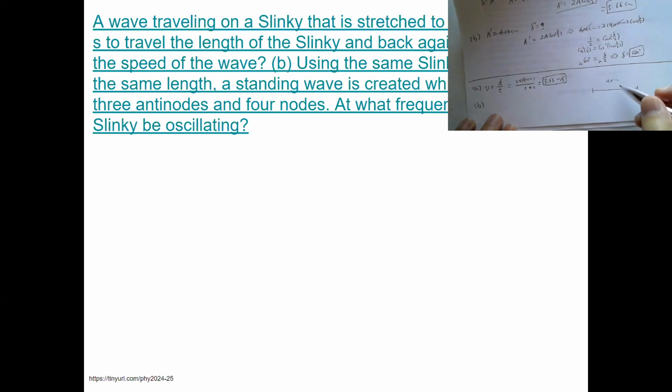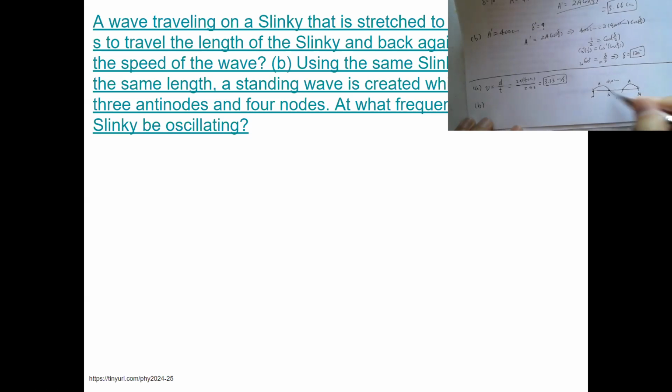With 4 nodes, one is at one end and one at the other end, so there are 2 additional nodes in between. You can draw it like that: nodes here, antinodes here. 4 nodes, 3 antinodes.